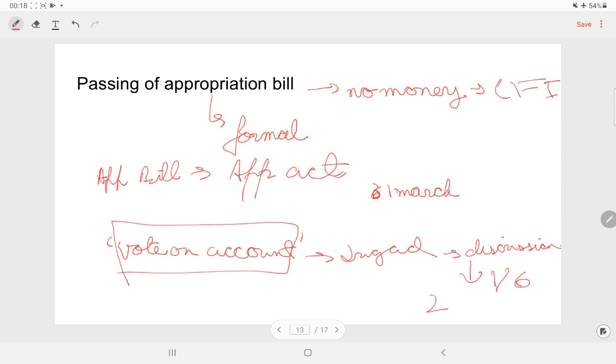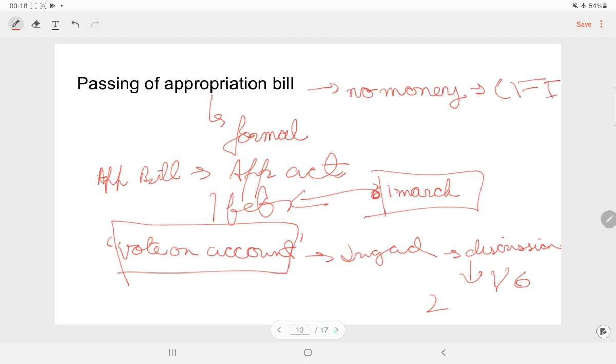Because the budget is still under preparation, the date is shifted from 1st March to 1st Feb, so that 1 month is saved, and unless the budget is prepared, no money is withdrawn.